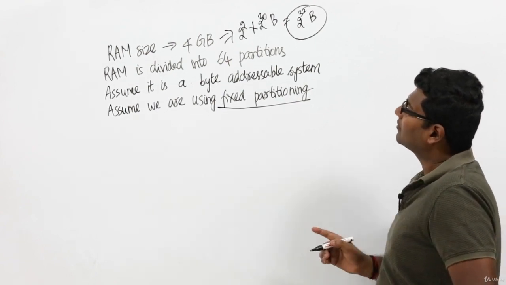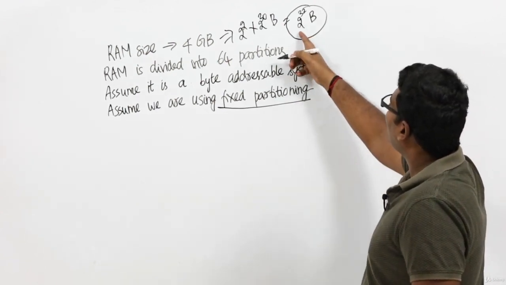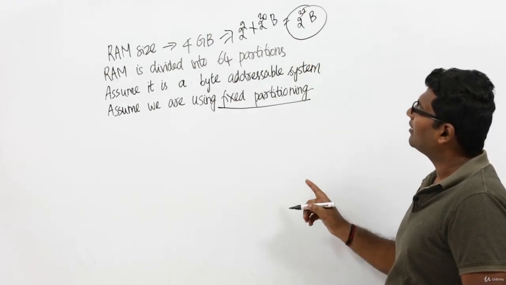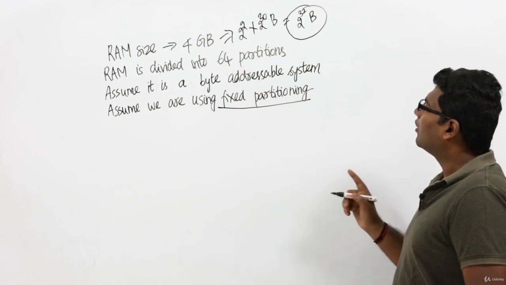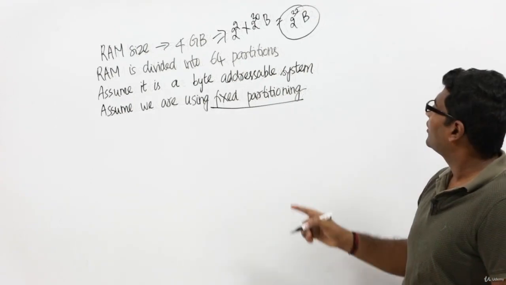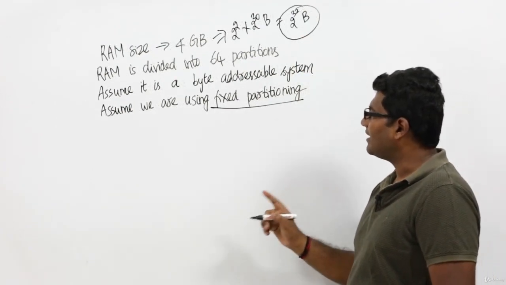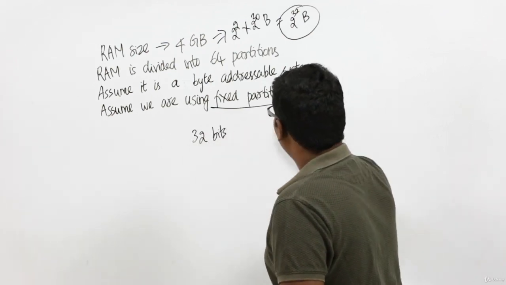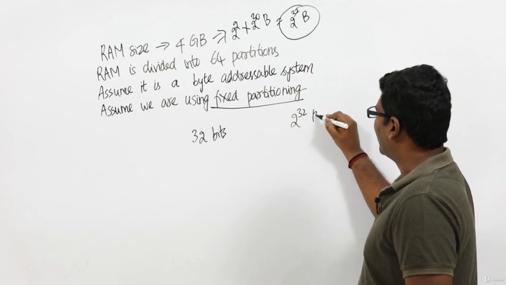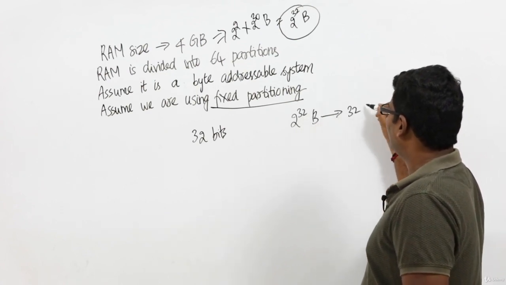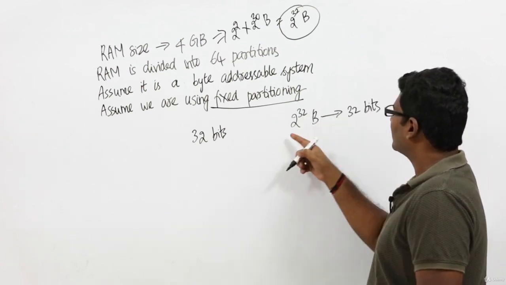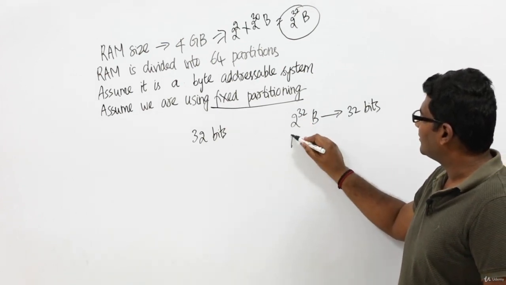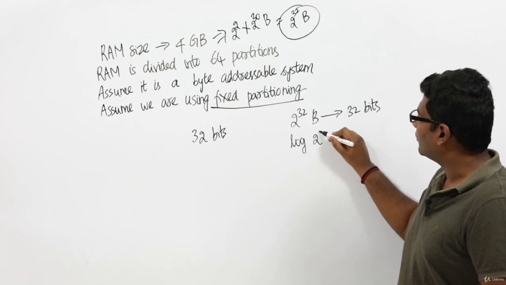Now tell me one thing. In case I have 2 power 32 bytes, and I give an address for every byte, how many bits do I need? In order to address 2 power 32 bytes, I need exactly 32 bits. How did I get this? It is very simple. You need to take log base 2 of 2 power 32.